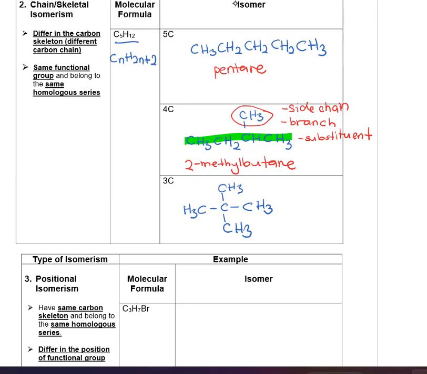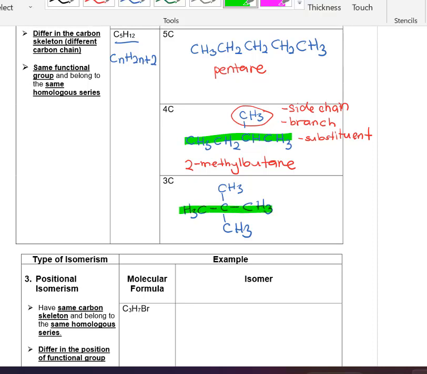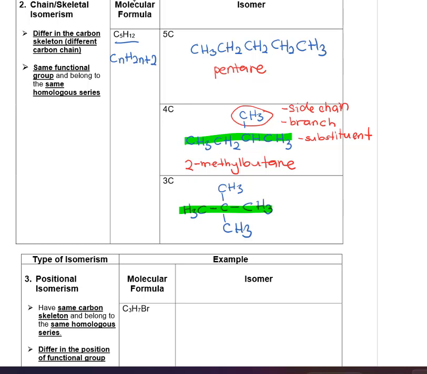The longest carbon chain is here, so the name for this one is 2,2-dimethylpropane. So pentane, 2-methylbutane and 2,2-dimethylpropane exhibit chain isomerism. They have different longest carbon chains.